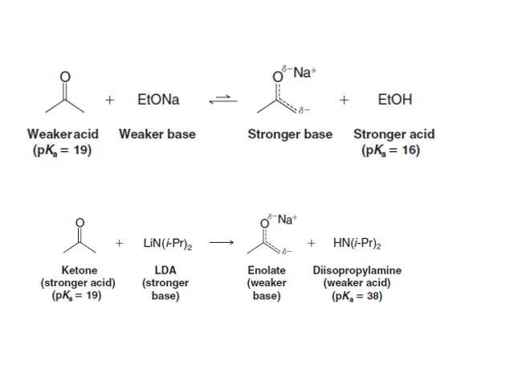Therefore, the equilibrium predominates to the left. Here, the stronger base is the enolate, and the weaker base is ethoxide.